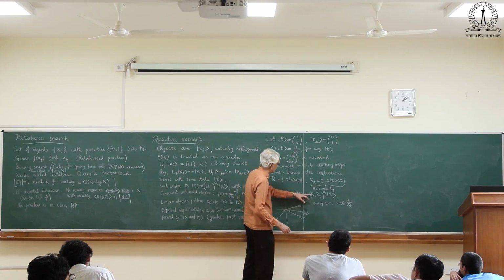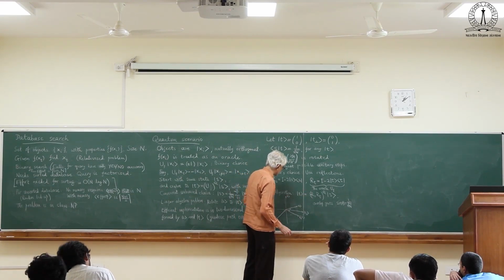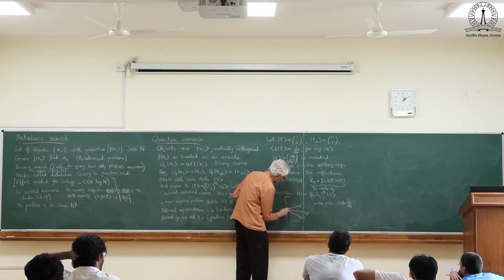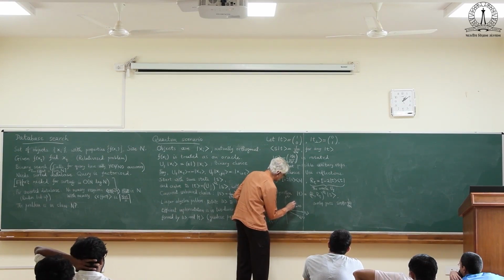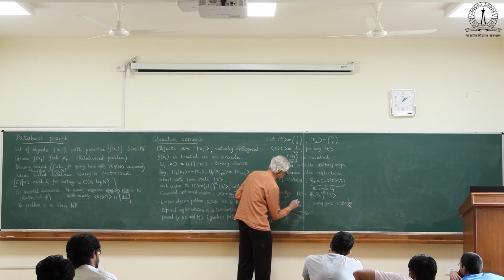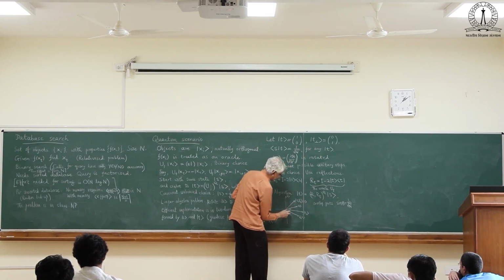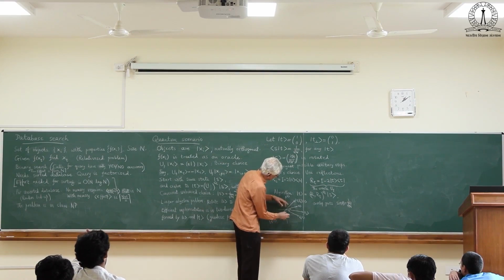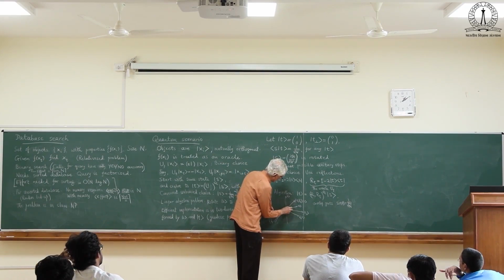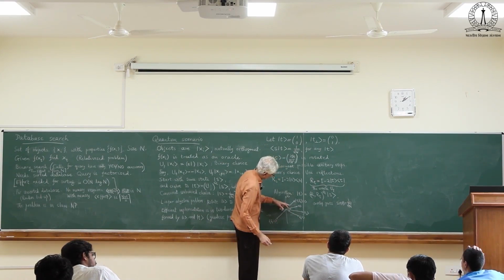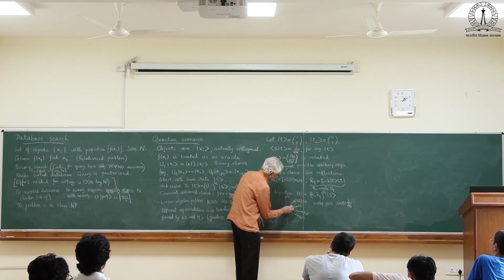But I made life a little easier by putting an extra negative sign, which is the reflection in this. So this is minus RS RT acting on S, and it is defined by reflection in this.